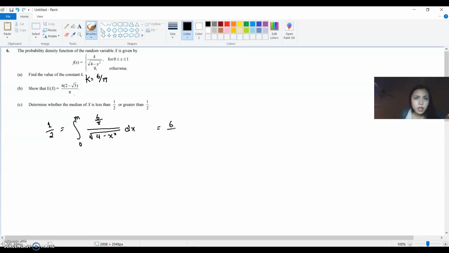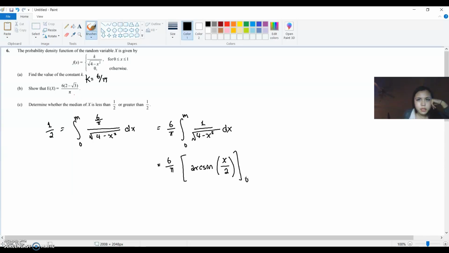Now 6 over pi is a constant again, so we can move that out, 1 over root of 4 minus x squared dx. And we solved this in part A before. When we integrate it, that is arc sine of x over 2, from 0 to m.